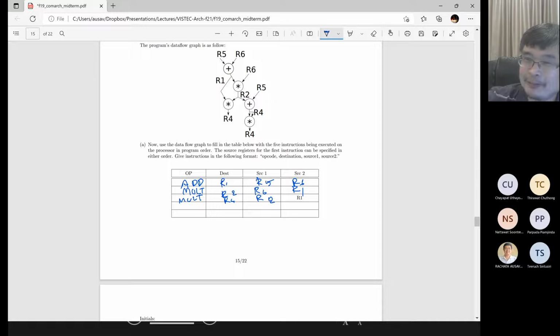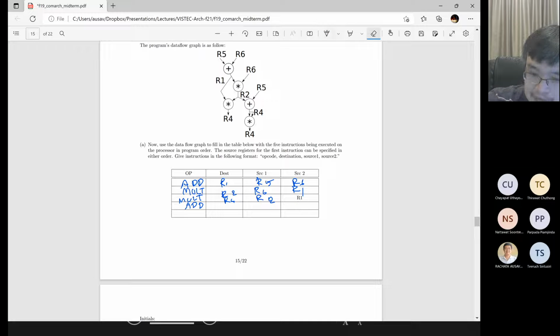All right, sorry about that confusion earlier. The second multiply definitely has to happen after the first multiply, because there's a data dependency on R2. Then you have the add instruction, which adds R4 and R4 together. Wait, no, R2 and R5, sorry.